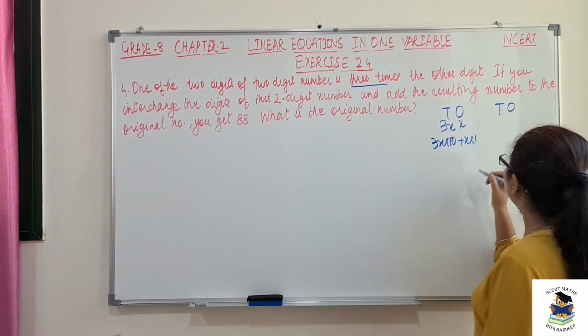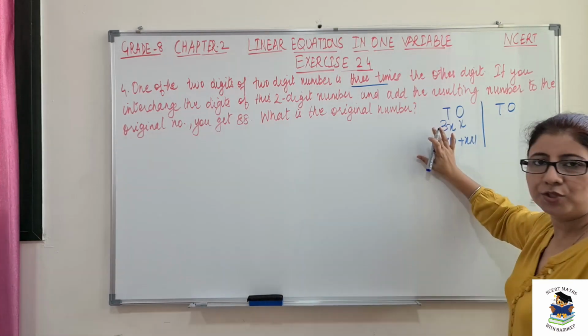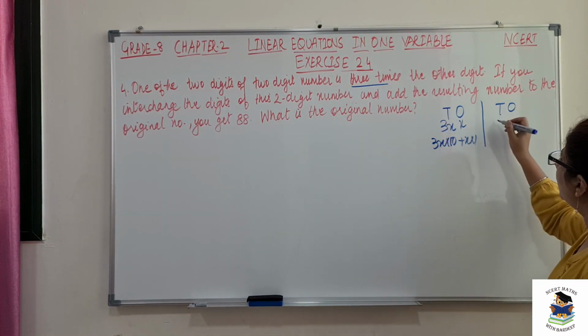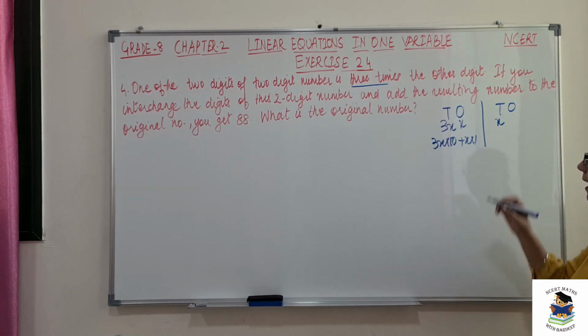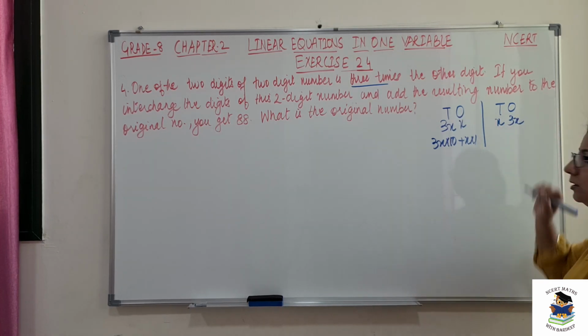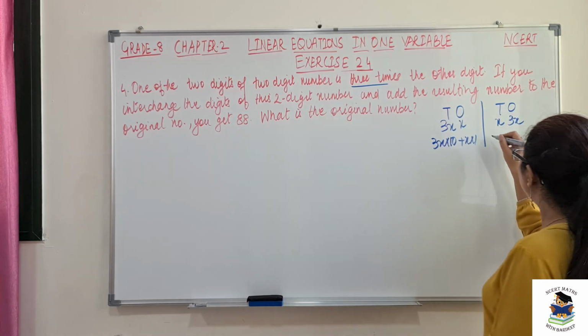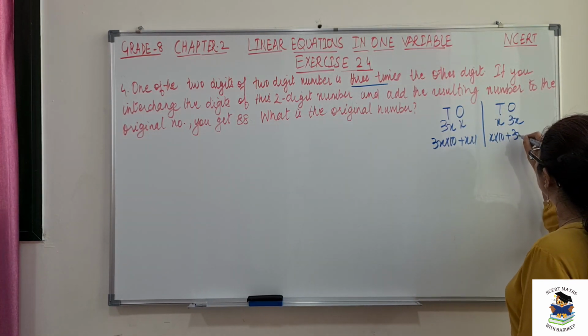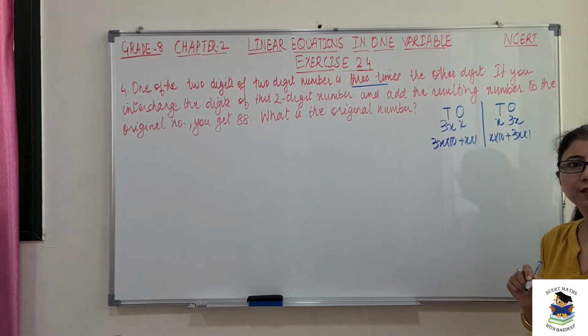Okay. So this is our original number. So let's see the interchanged one. Now x will be at 10's place and 3x will be at 1's place. So what should be my number then? x should be multiplied with 10 and 3x should be multiplied with 1.